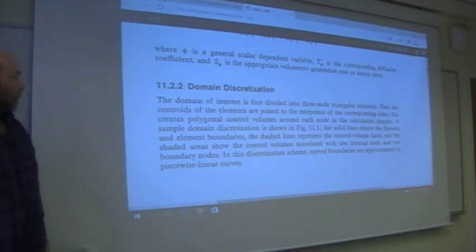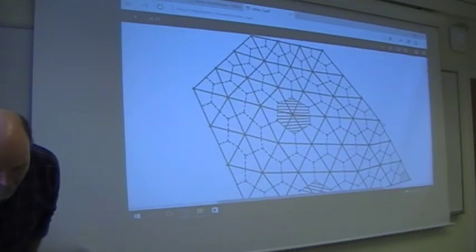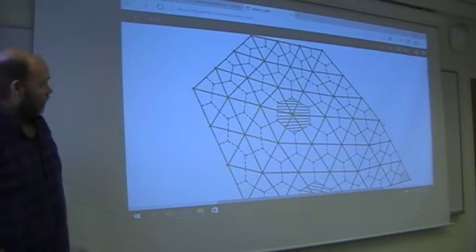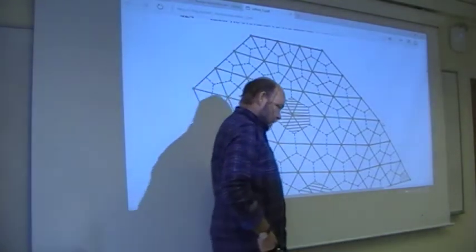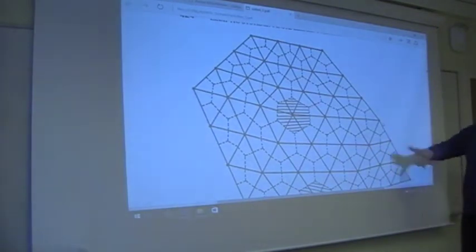Now, to the discretization. So here we have the essence. Here, a triangular mesh in 2D. In 3D, you could use pyramids, tetrahedra, but normally what people try to do is use some symmetry.